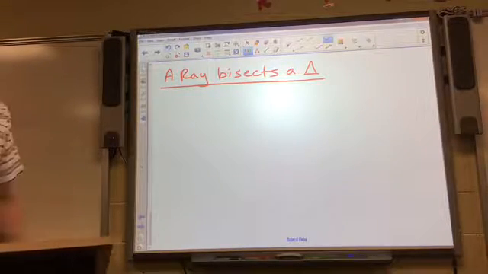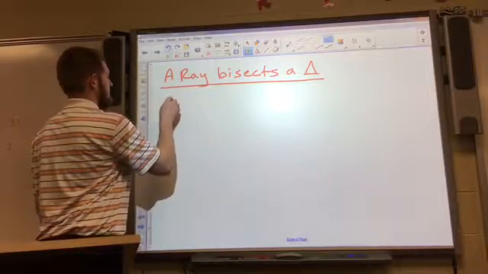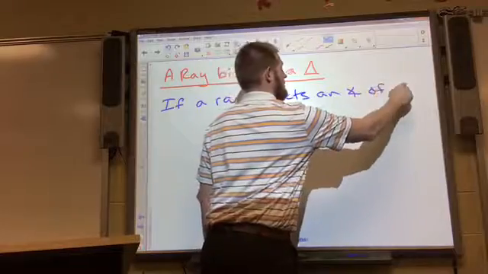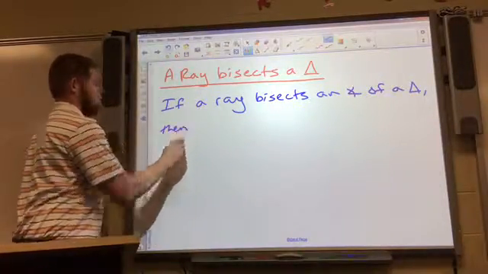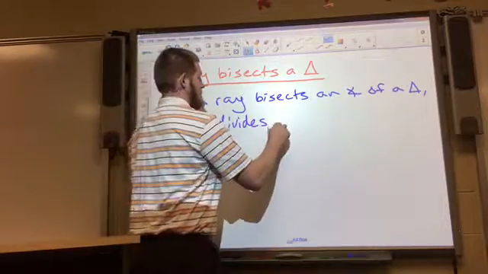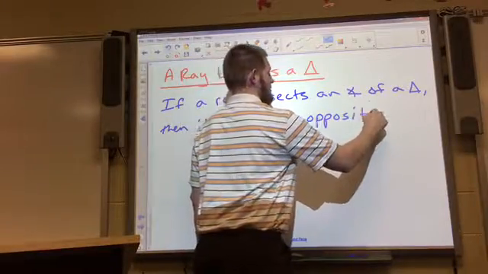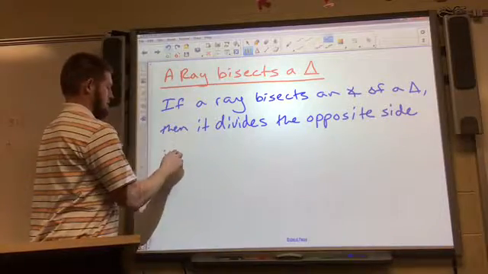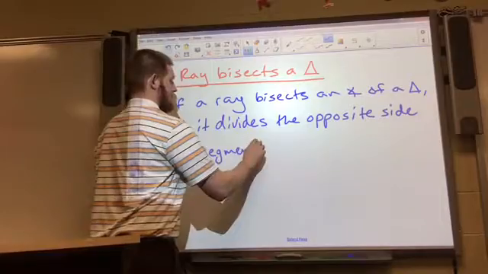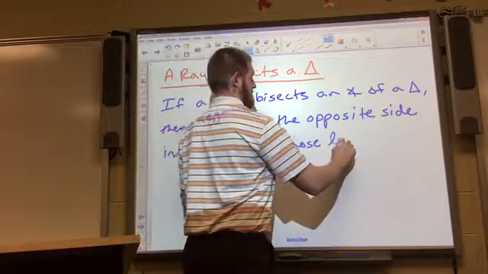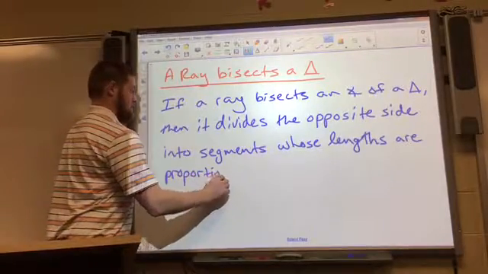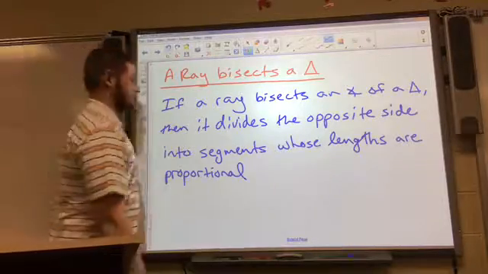This theorem's a little bit longer. If a ray bisects an angle of a triangle, then it divides the opposite side into segments whose lengths are proportional to the lengths of the other 2 sides.